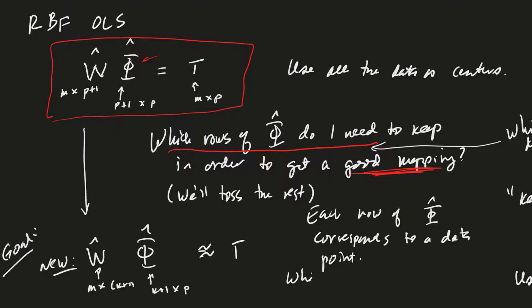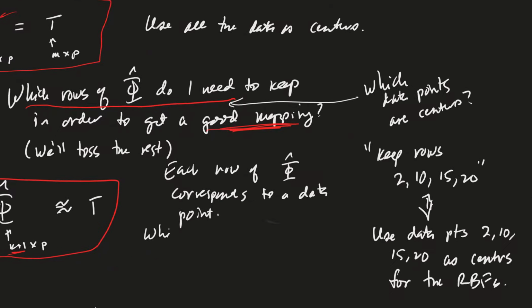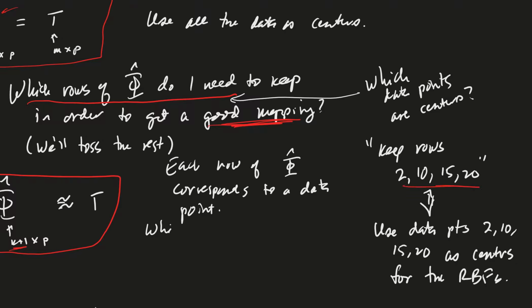There are some other questions I need to answer here, but my goal is to go from this equation to this equation, right? So I'm only keeping K data points, okay? The interpretation is that whatever rows I'm keeping correspond to the data points that I'm going to use as centers, okay?